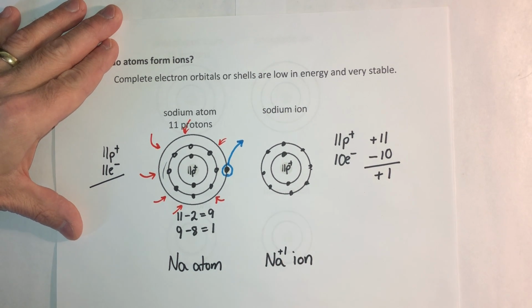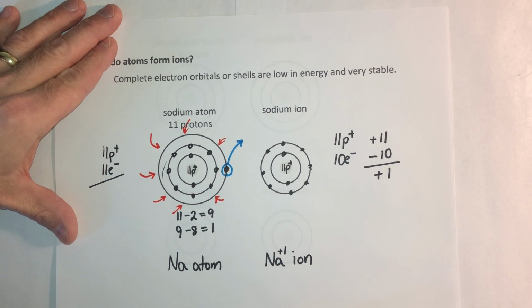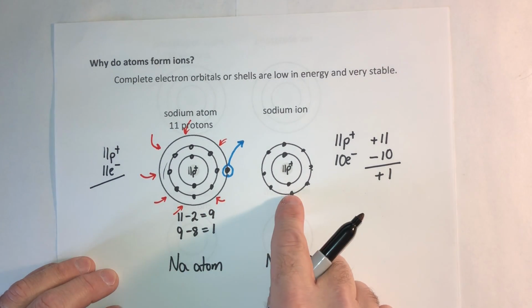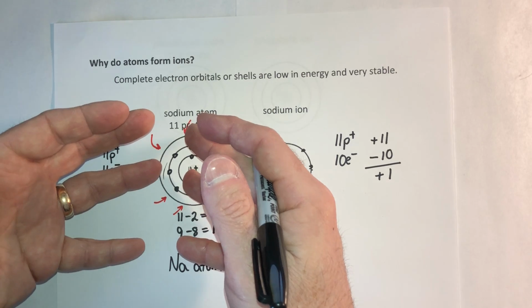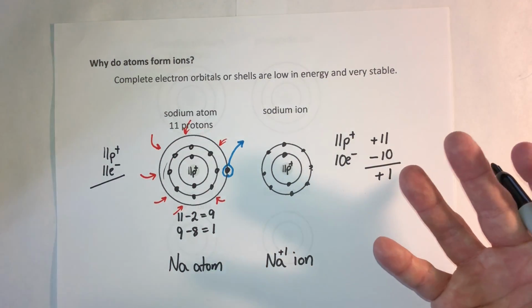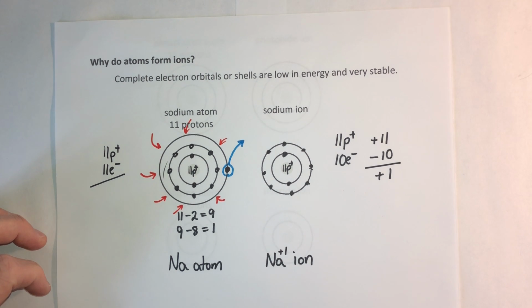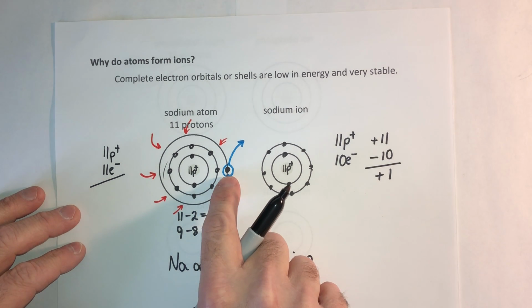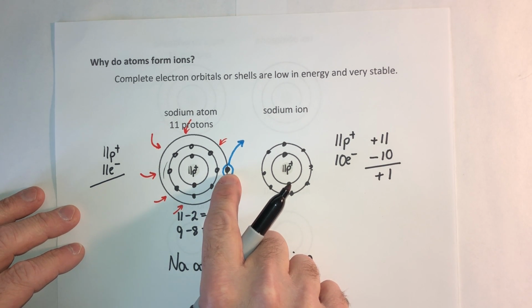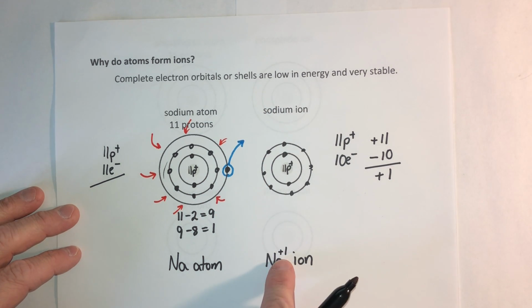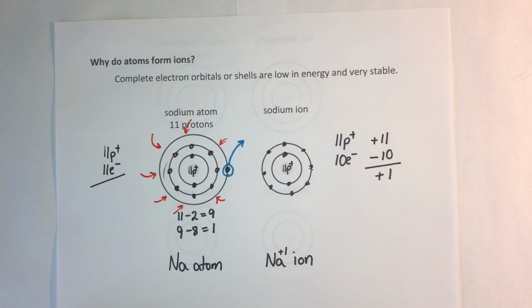So that's how I put in my little plus 1. So if you know the number of valence electrons, you are now able to predict whether you are going to add electrons or lose electrons in order to have only filled orbitals, filled rings. For the sodium, it has that 1 valence electron and it is going to lose it. So it does become a sodium ion with a 1 plus charge.